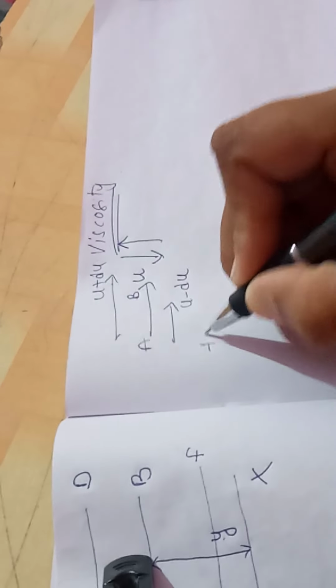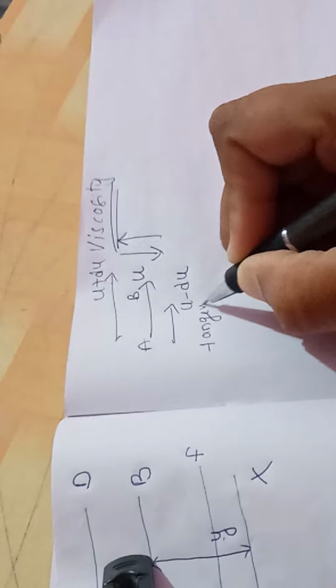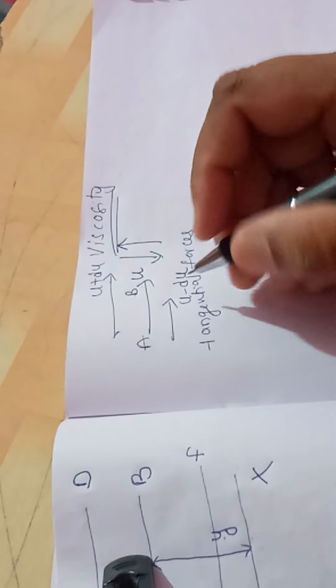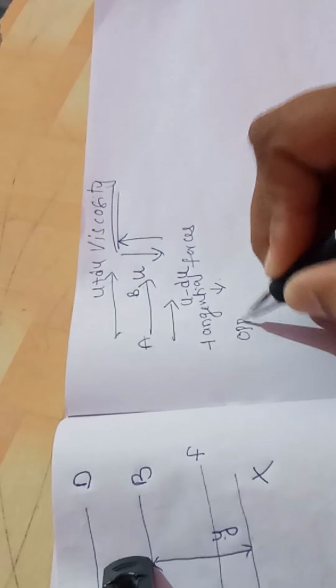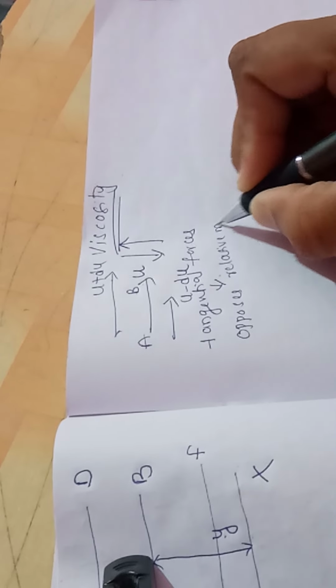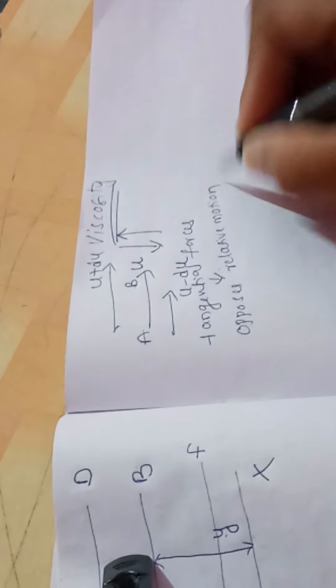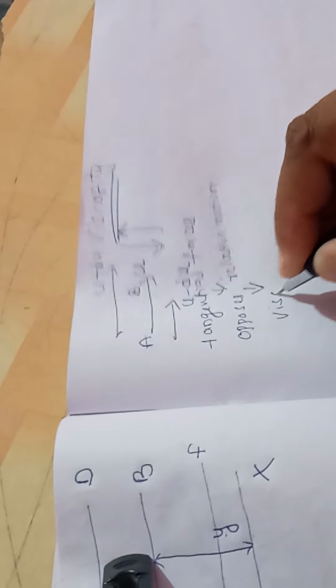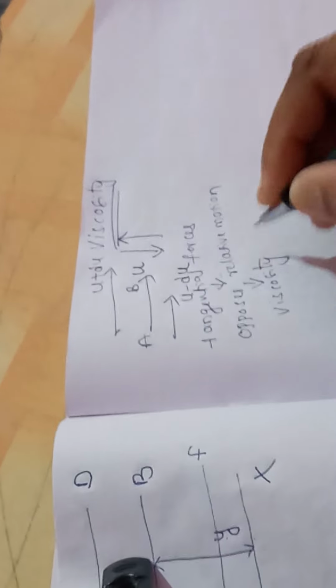Due to these opposite actions, tangential forces arise between the layers of gas, and these tangential forces oppose the relative motion between the layers of gas. This property we call viscosity.